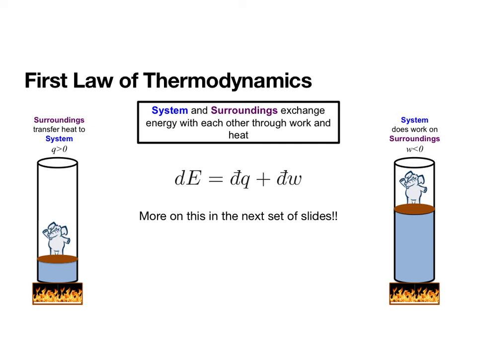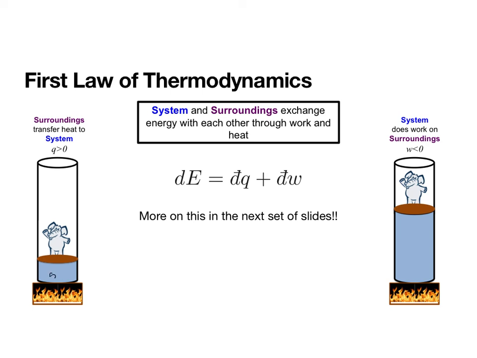So why are we even talking about this? We are talking about this because of the first law of thermodynamics. And this is where we are going for Monday's videos. And the first law of thermodynamics is talking about how the system and the surroundings exchange energy and work with each other.